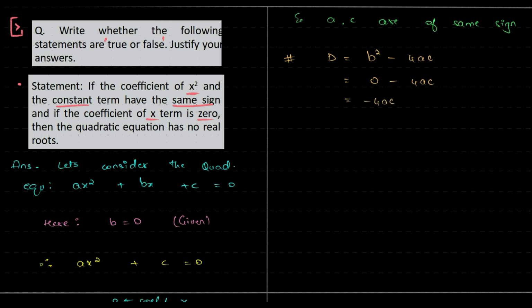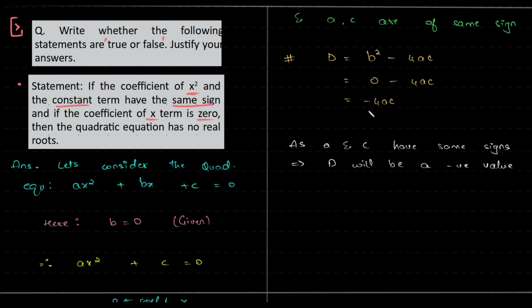Then we'll write a statement that as a and c have same signs, what can we tell? This implies D will be a negative value.